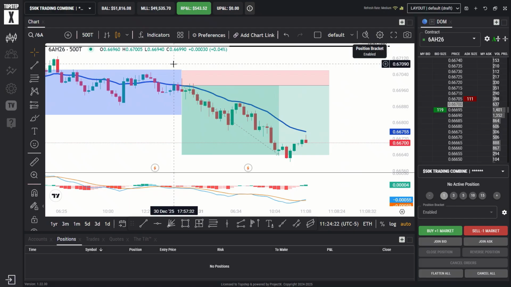What I'll do is I'll shift over. So right here, my current balance is $51,816. So I'm about $1,200 away from fulfilling that $3,000 challenge. So I'll shift over to my performance tab.